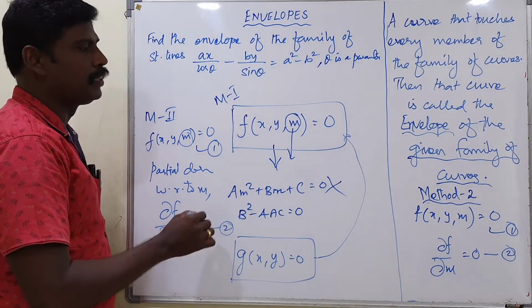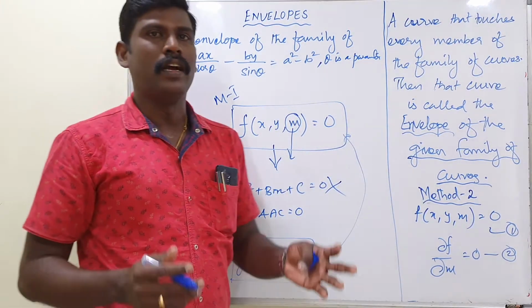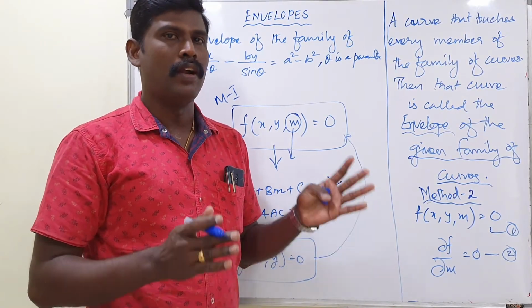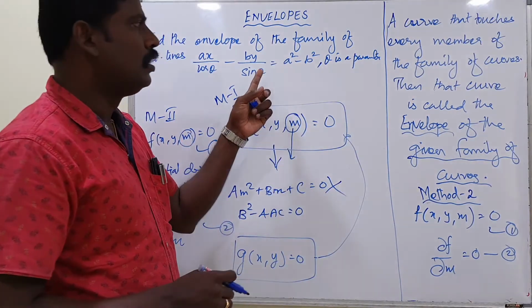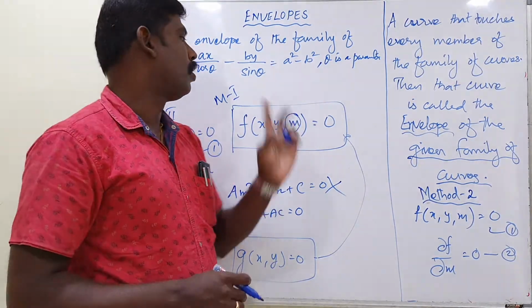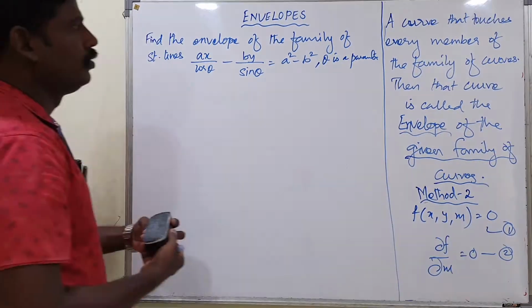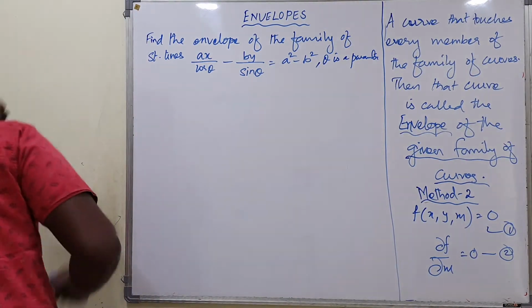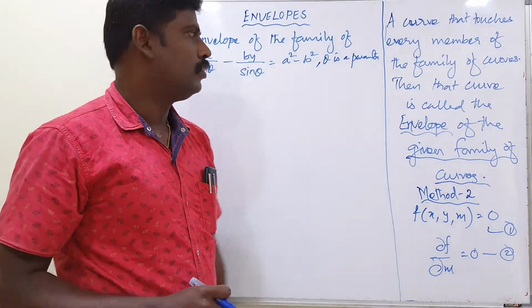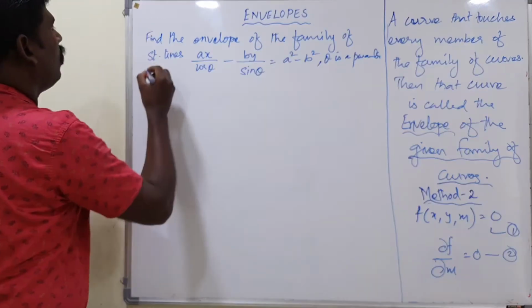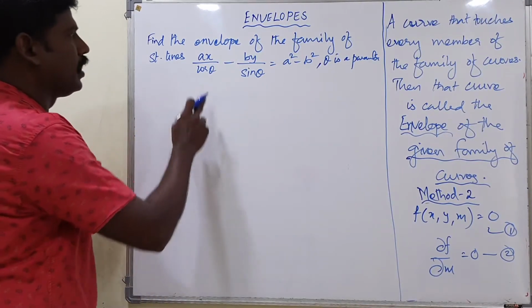So this is method 2. Already we covered the problem based on method 1 and also method 2. One more problem we left out in the previous session, so that's why I am going to solve that problem here. Okay, right? Now I am going to solve this problem through method 2 and then we go for method 3. Okay, and now how to find the envelope of the family of straight lines?